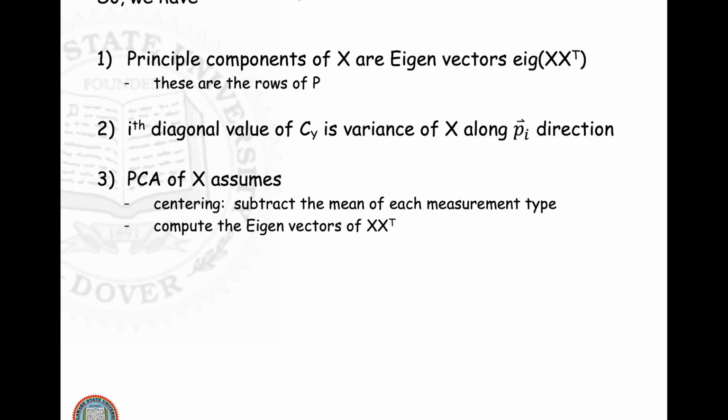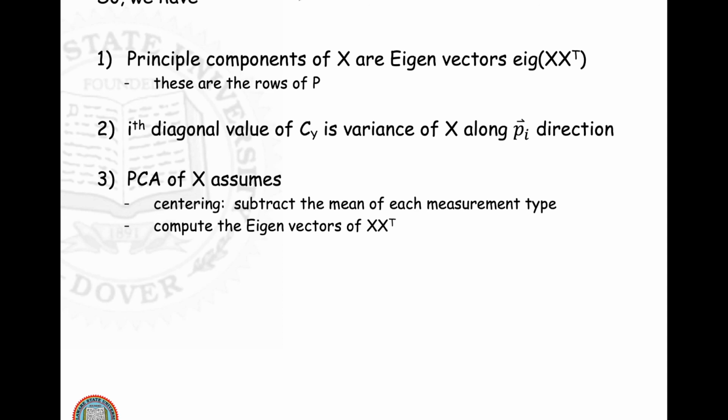We have that the principal components of our original representation are the eigenvectors of X X transpose, and these choices are the rows that we're going to use for P in order to get a diagonalized covariance matrix for the targeted system. So we take the outer product, which is your scaled covariance of the original representation, and the transformation we're going to apply are the eigenvectors. And that's going to be the rows of our P matrix, that transformation to the new representation.